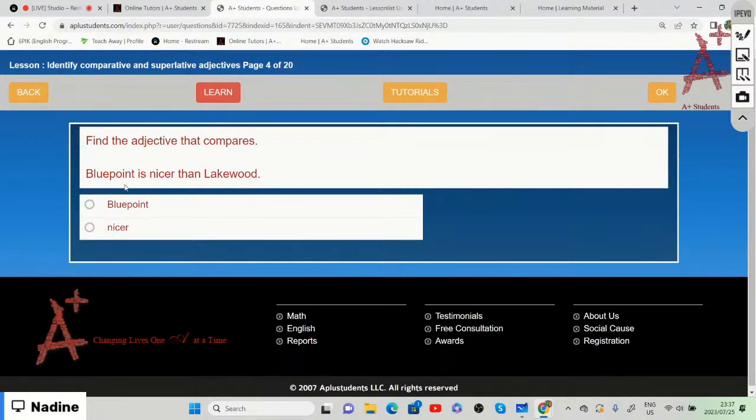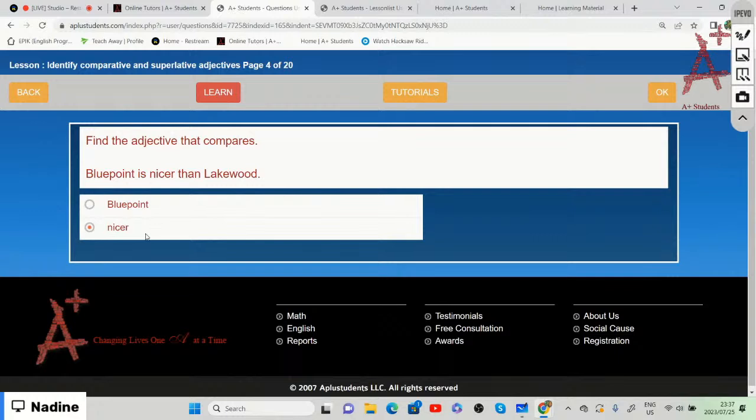Blue Point is nicer than Lakewood. So we need to choose the adjective that compares. Is it Blue Point or is it nicer? Right? Which means that Blue Point is now being compared to Lakewood, right? So they're saying that Blue Point is nicer than Lakewood, which means that our adjective that compares will be nicer, right? And also, because it ends in ER, we can say that this is a comparative adjective, right?